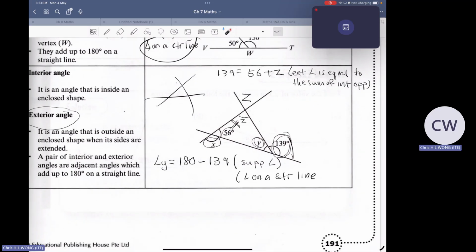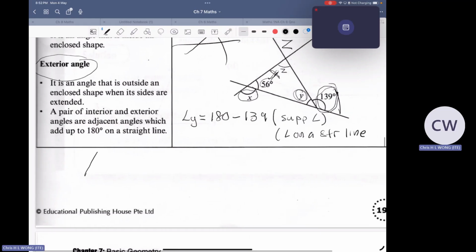Because it's not in the book, so you must know. I draw a triangle for you. Now, I'll name this angle A, angle B, angle C. This one is a triangle, so there is no exterior.